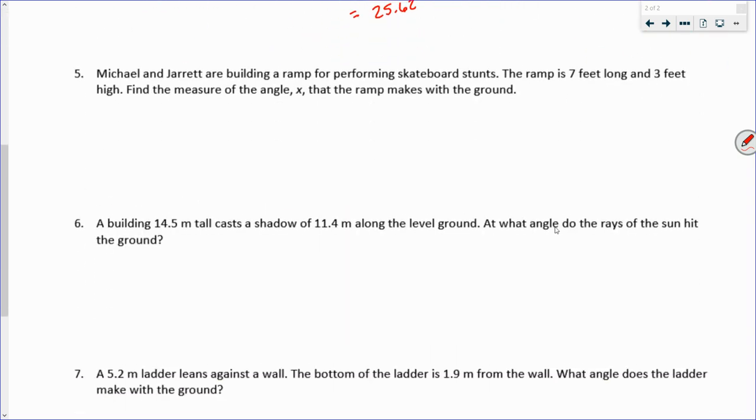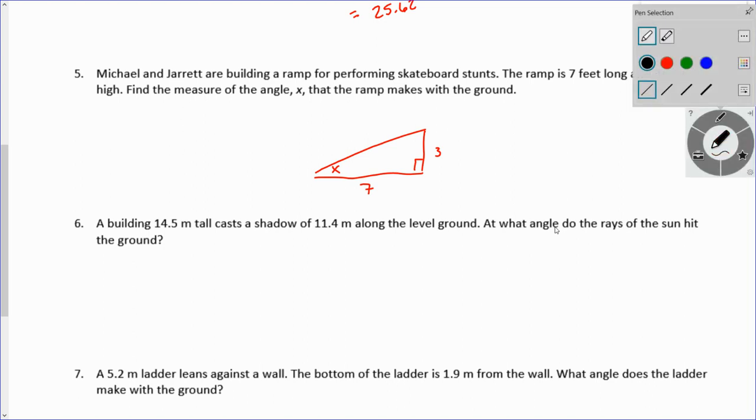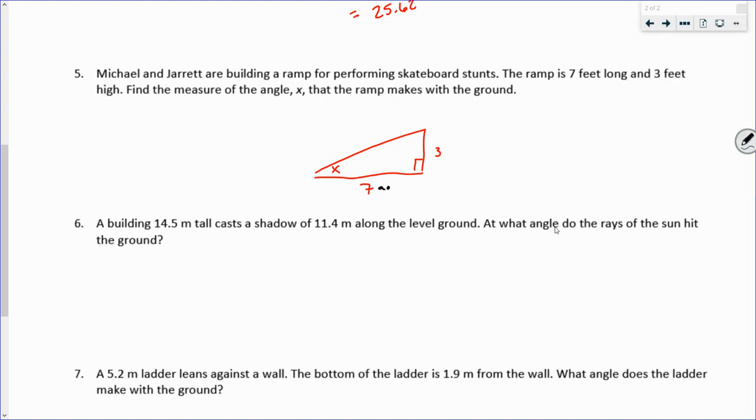Couple word problems to finish it out. Building a skateboard ramp. Ramp is 7 feet long and 3 feet high. Find the measure it makes with the ground. So it looks to me like this is the adjacent, this is the opposite. So that screams TOA, which is tan.